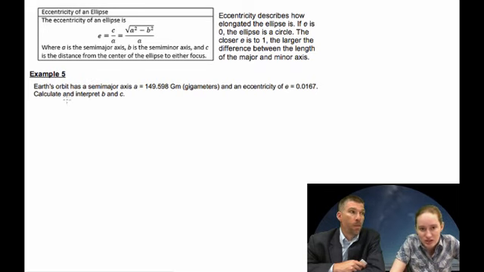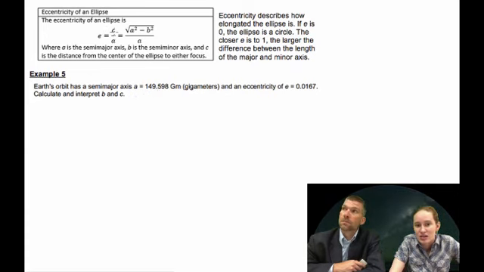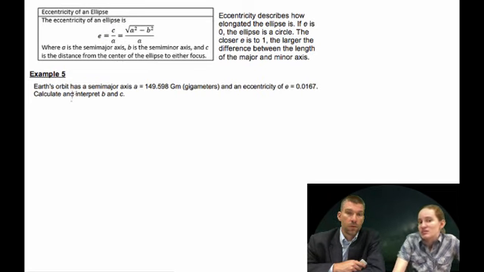So calculate and interpret B and C. Well, if we know what A is and we know what E is, we can find C using this formula, and then once we have C, we'll use the Pythagorean relation to find B. Sounds great. So 0.0167 is E. We want to find C over 149.598.